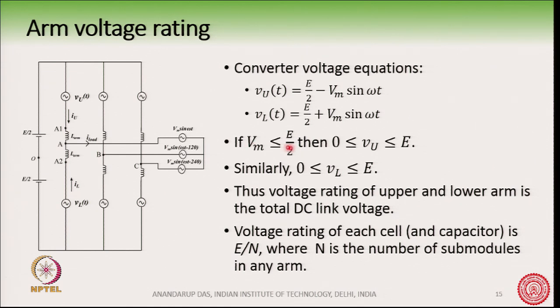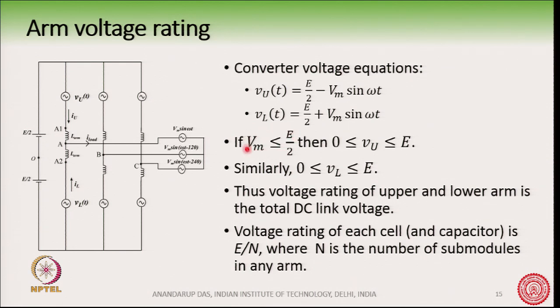Now, if Vm is less than or equal to E by 2, this is the most common type of operation, for example when you are converting from AC to DC, that is, in HVDC. For HVDC application, Vm is usually less than or equal to E by 2.